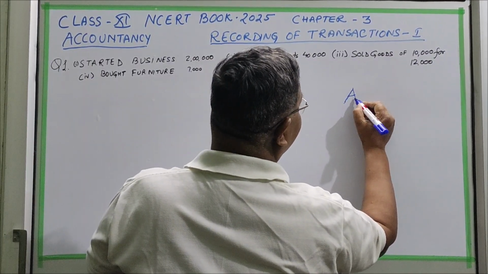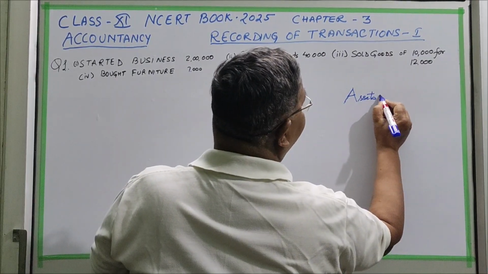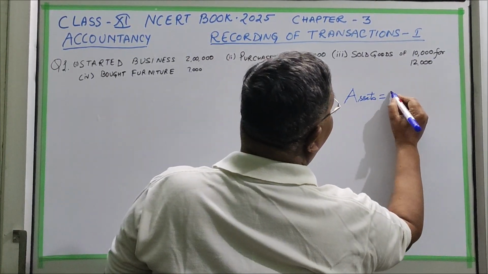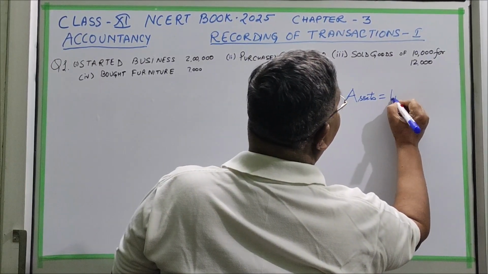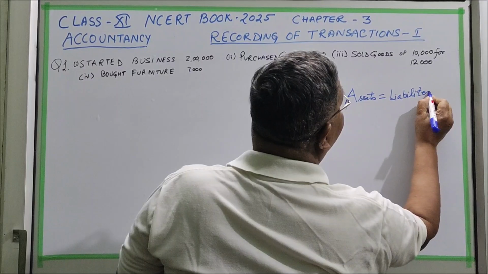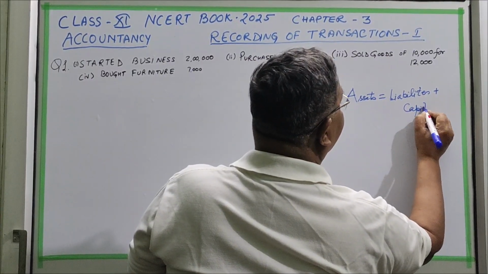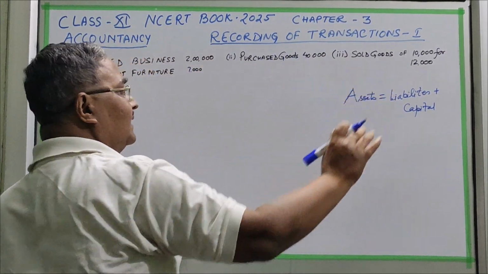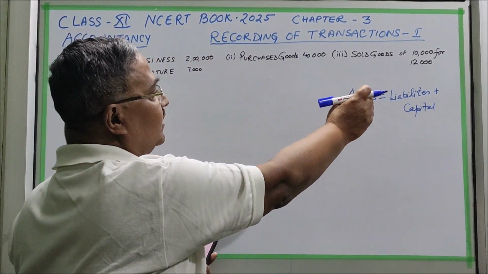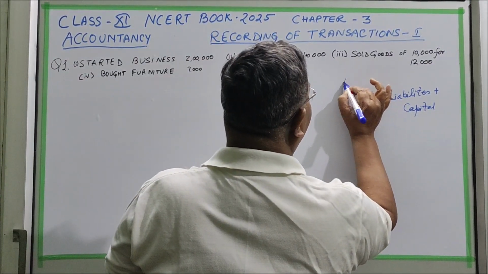All assets are equal to liabilities plus capital. Okay, whatever transactions take place, finally it goes to assets equal to liabilities and capital, and this is known as the accounting equation.